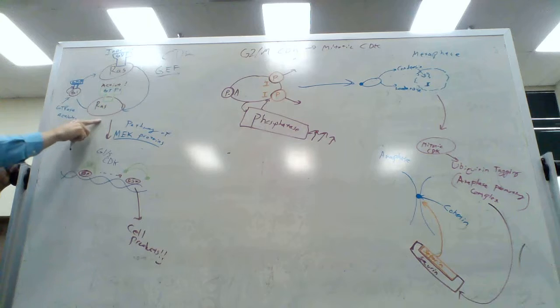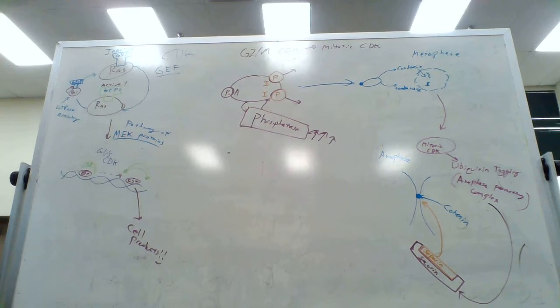So Ras will go ahead and act on some MEK proteins. Those will act on others. There's MEK, ERK, Myc, and a bunch of other things. They eventually go down and turn on the CDK, the G1 CDK, and then that will do the phosphorylation of the retinoblastoma, which frees E2F to go ahead and make a bunch of cell products.